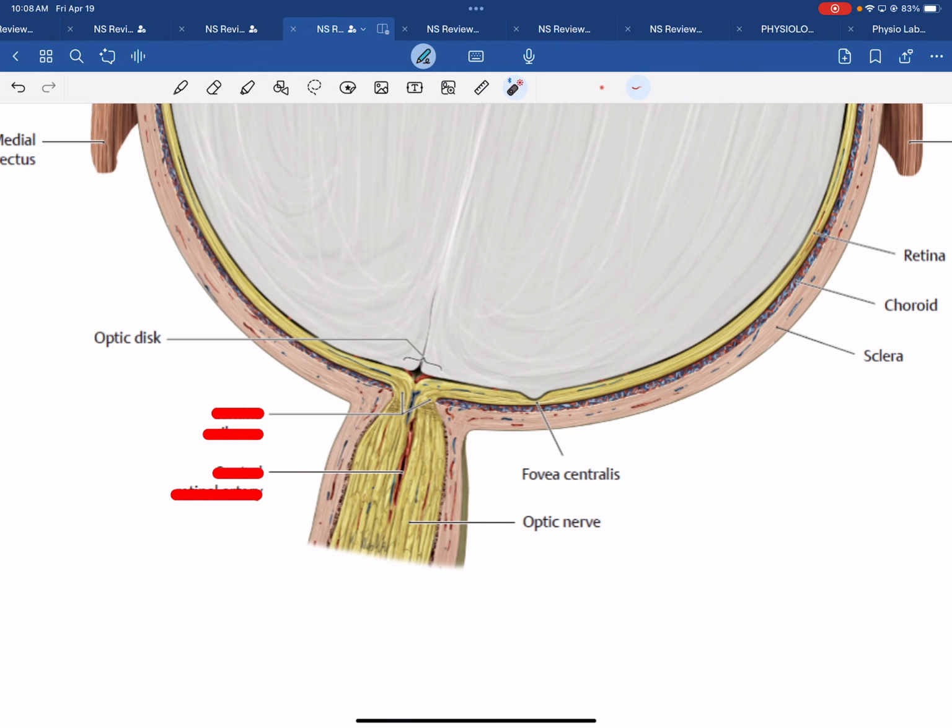So it also allows blood vessels to enter and exit the eye. When they use an ophthalmoscope, they know they're looking at the optic disc because they can see the blood vessels going into or leaving the eye, right? So that's another function of the optic disc, to allow for blood vessels to enter and exit the eye.